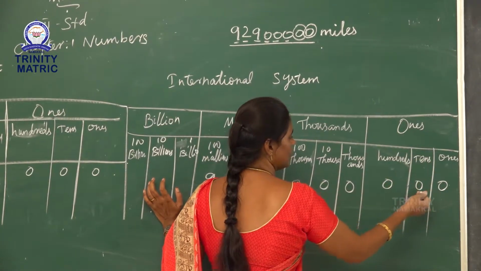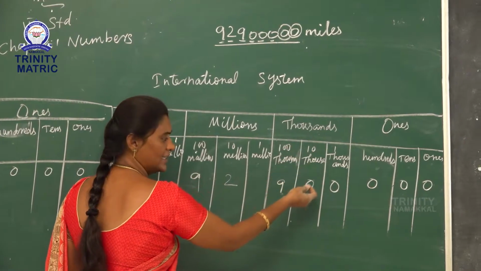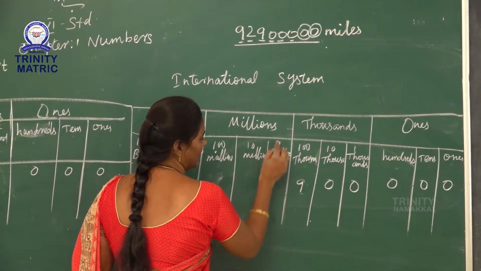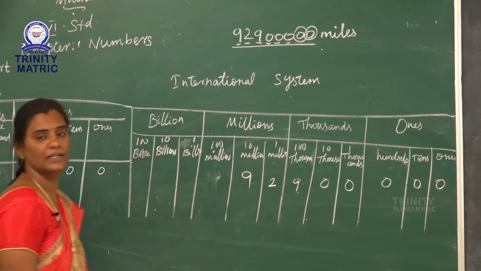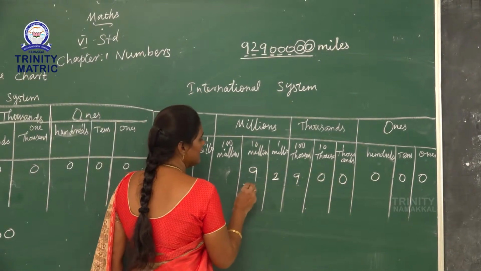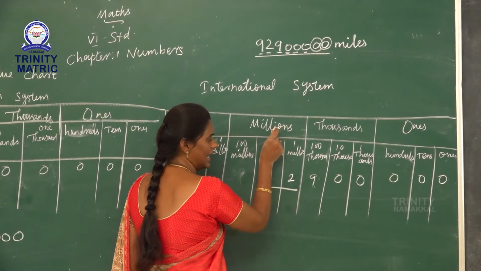All the ones places are 0, 0, 0. Then thousands place is 0, 10,000 place also 0. Then 100,000 place is 9. Then 1 million place is 2. Again 10 million place is 9. Now we read this number. In the million place we have 2 digits, that is 92 million.